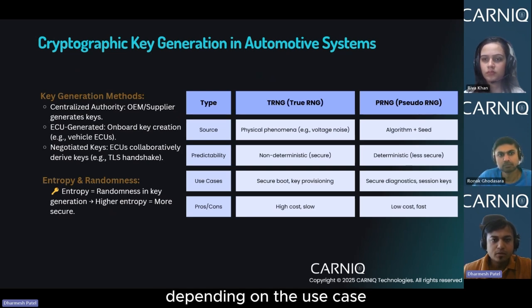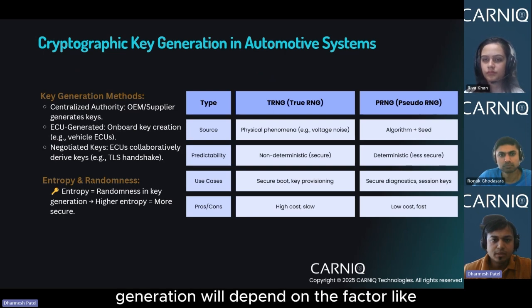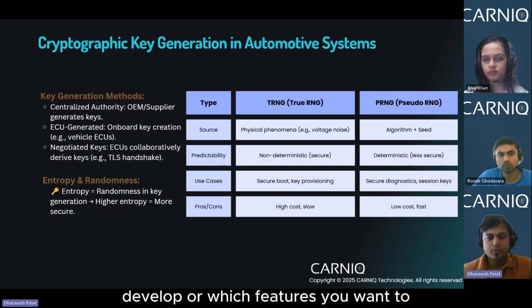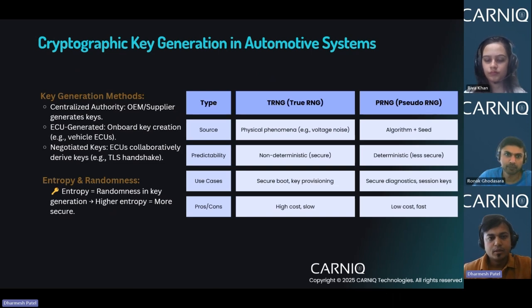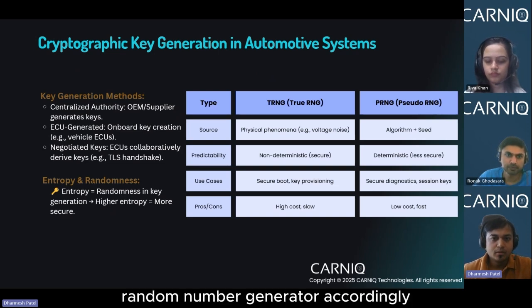So depending on your use case, the selection of the random number generator will depend on factors like how costly a solution you want to develop, or which feature you want to implement. So you can choose your random number generator accordingly.